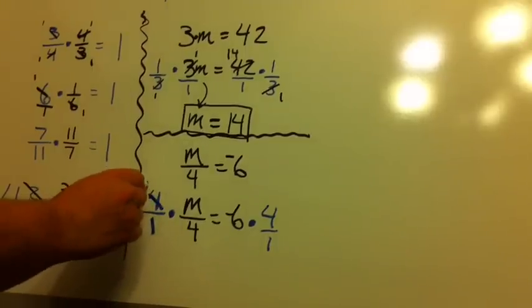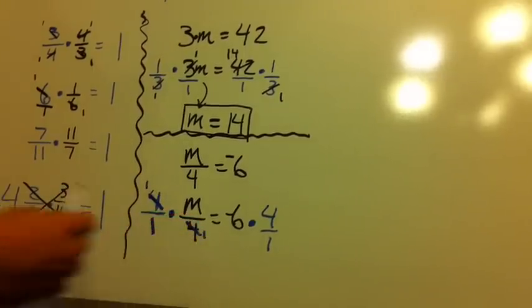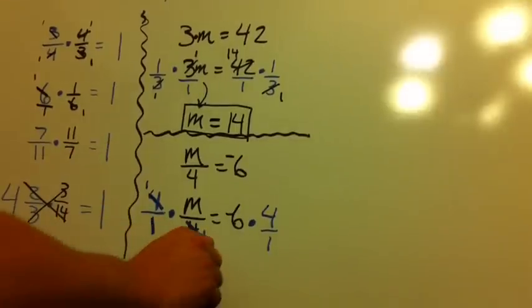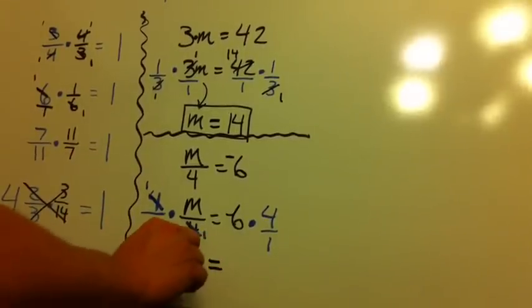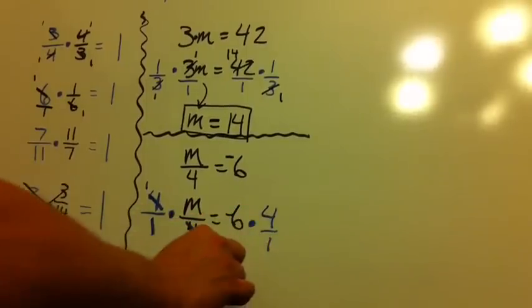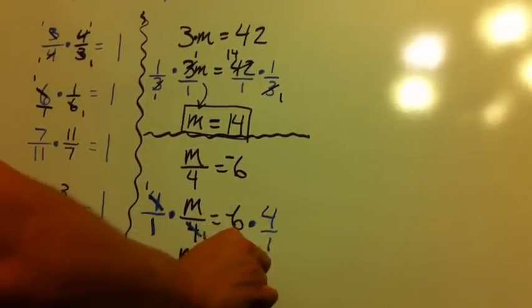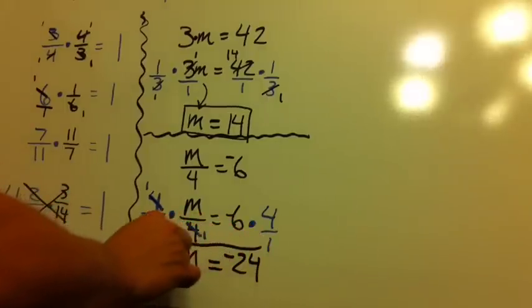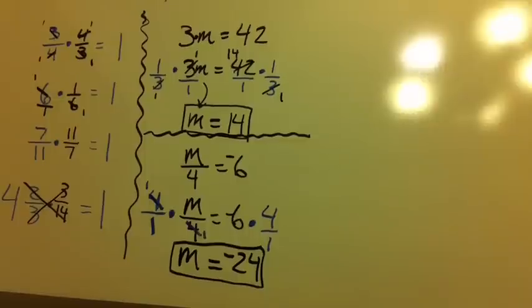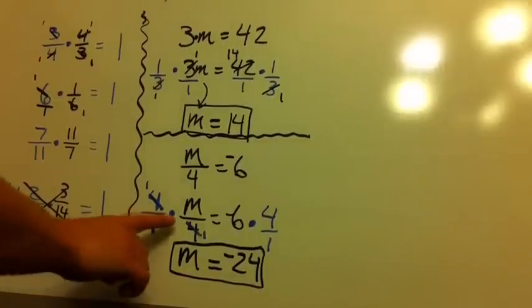Pay attention that it's not 4 over m. Reciprocals should only be dealing with the number that is with the variable, not the variable itself. Again, reduce diagonally, multiply, and you end up with your final solution.